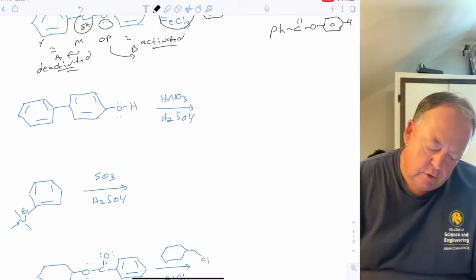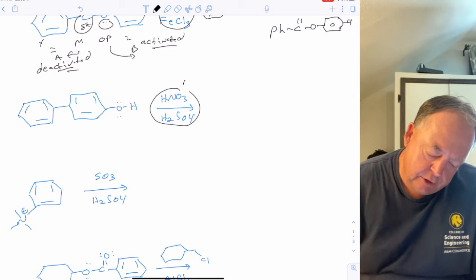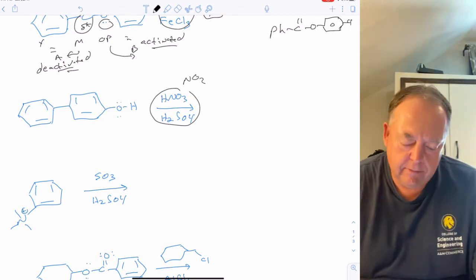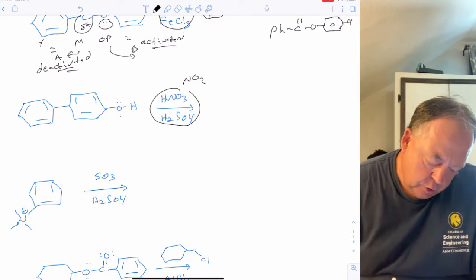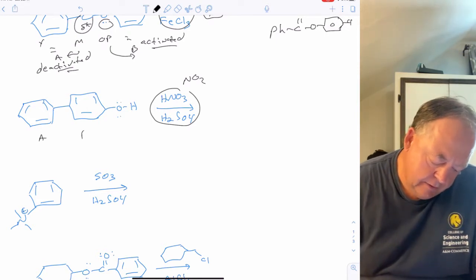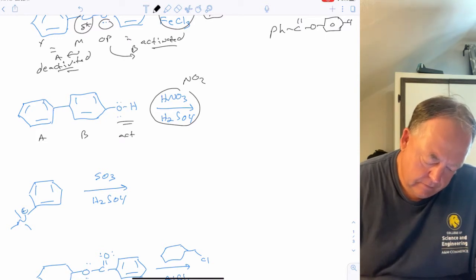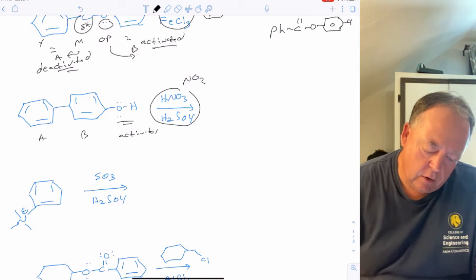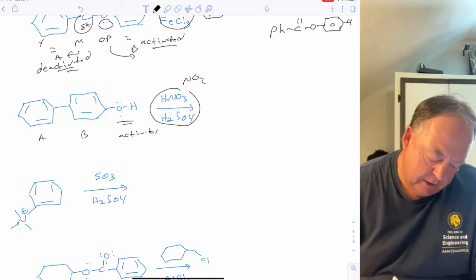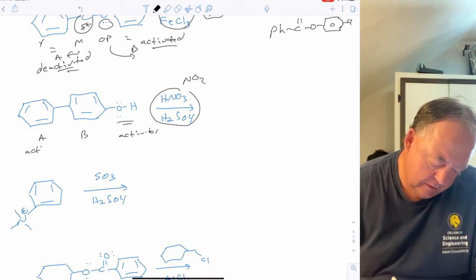Okay, so now this is the recipe to put a nitro, NO2, on the benzene ring. You just got to know where it goes. So two benzene rings again, A and B. OH is an activator on ring B, and benzene rings are also activators.